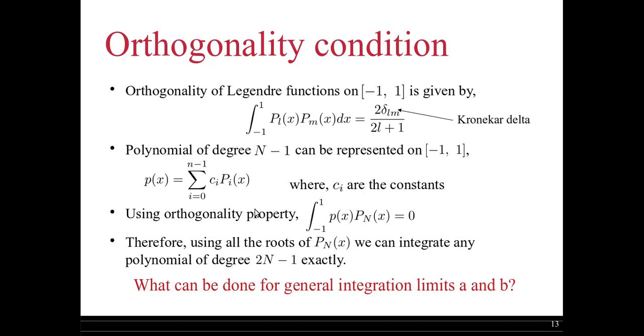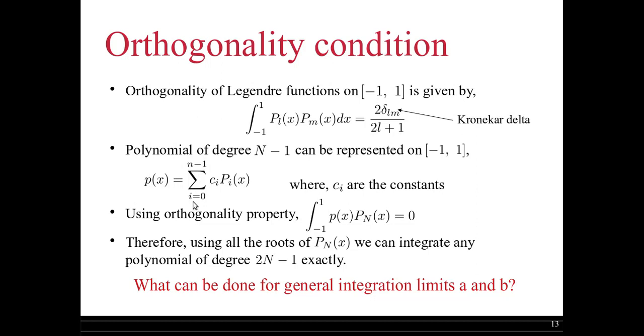So we can expand any polynomial function in terms of the superposition of Legendre polynomials. Now if p(x) is, sorry, this small n should be the capital N. So this p(x) is a degree N-1 polynomial.